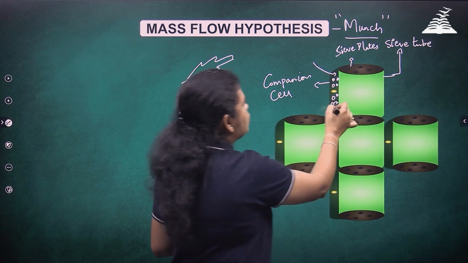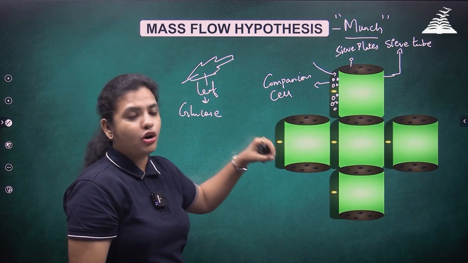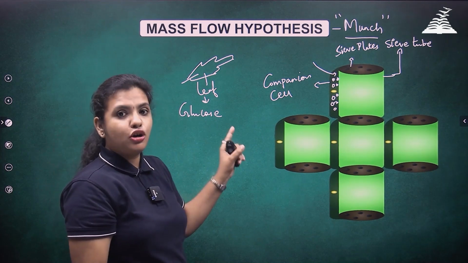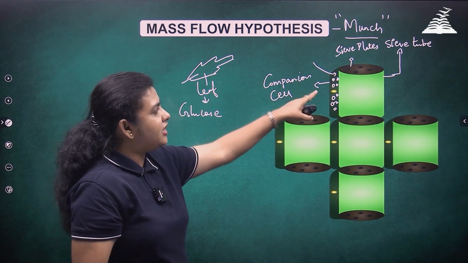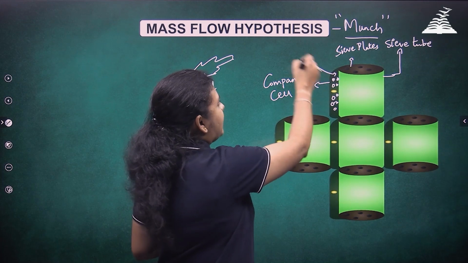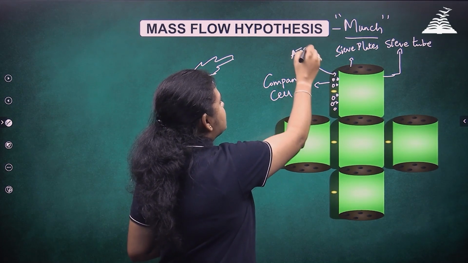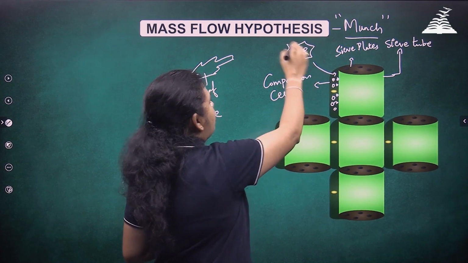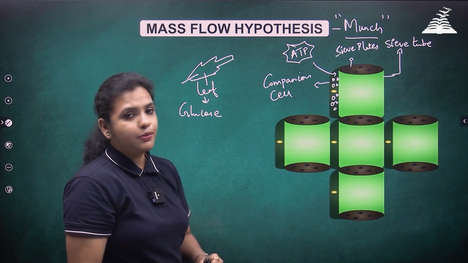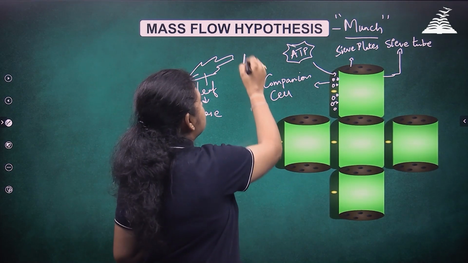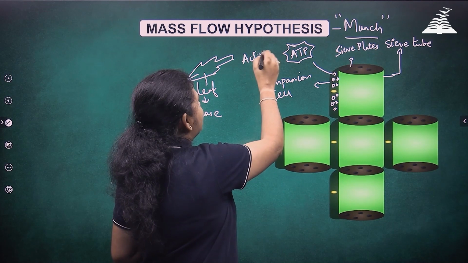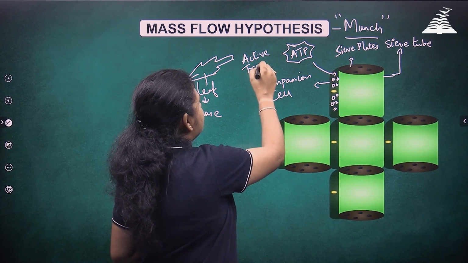The concentration of glucose in the companion cells becomes more, and for the transport of this glucose from the leaf into the companion cell, energy is used in the form of ATP. So what is the process when ATP is used?